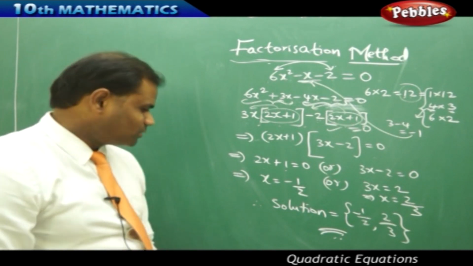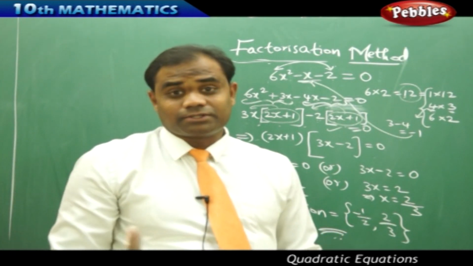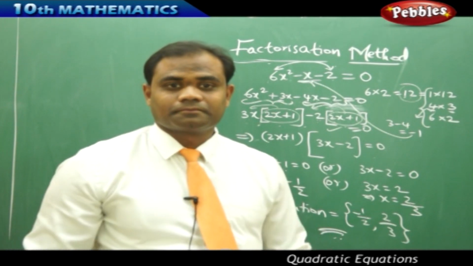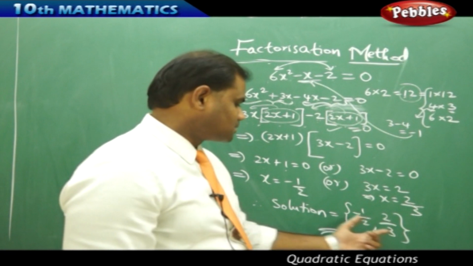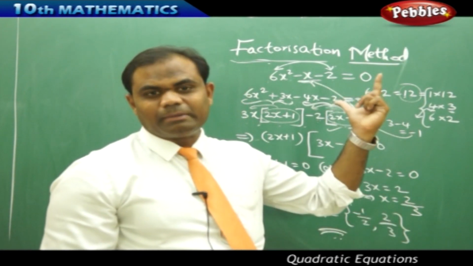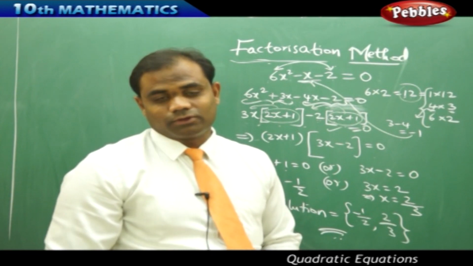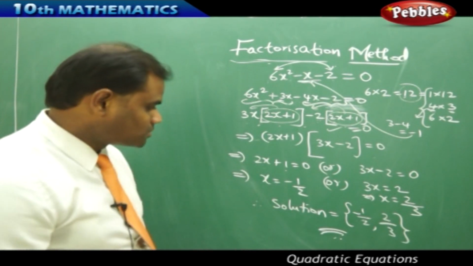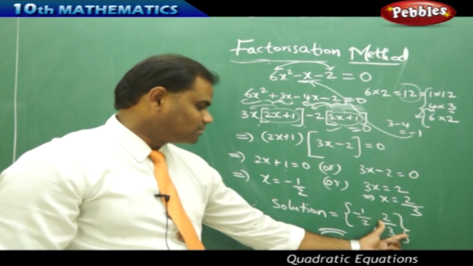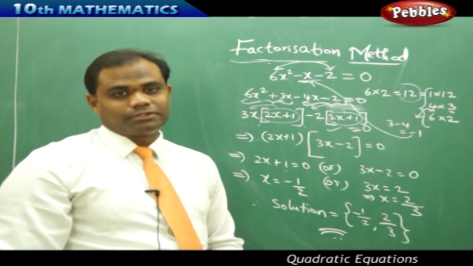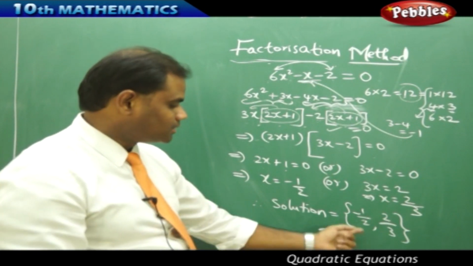Now, how do I know that the values which I have obtained are right or wrong? How do I verify? Verification. We verify this by substituting them in the equation back to see whether I get equal to 0 for the given equation. So I can substitute the value of x as this or this in either this equation or the original equation. So let's substitute in the original equation.